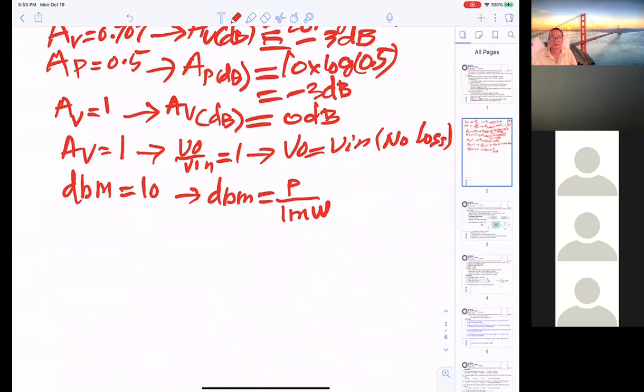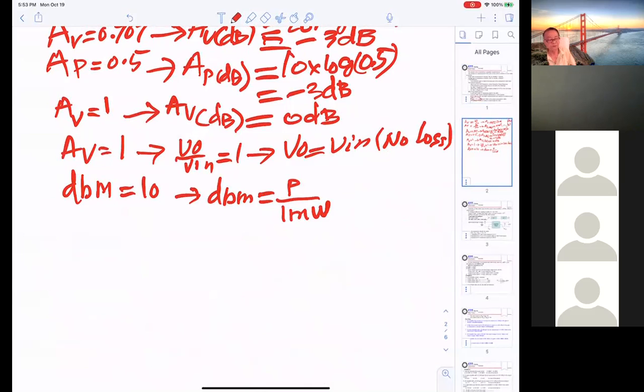P is just the power. Power in or out doesn't matter. Like you say you measure the input power and you get 10 dBm, and you want to know what it is in watt, milliwatt, or kilowatt.